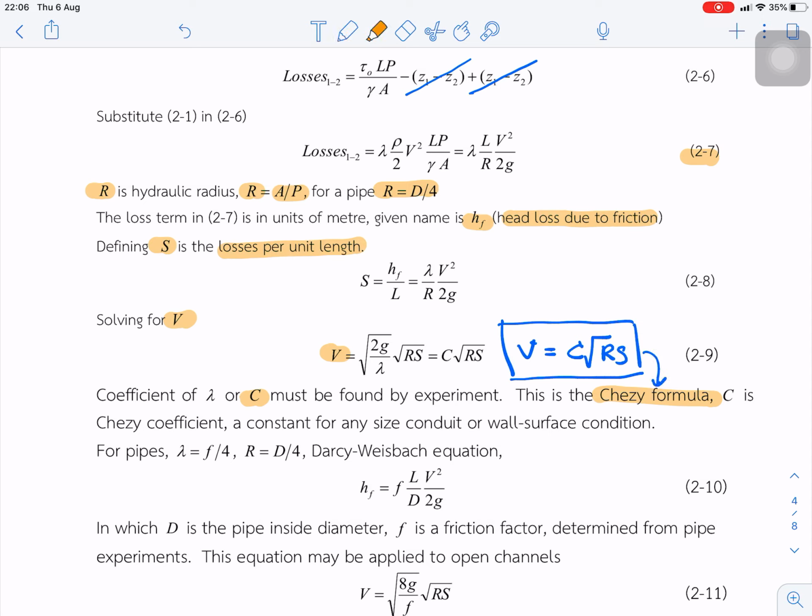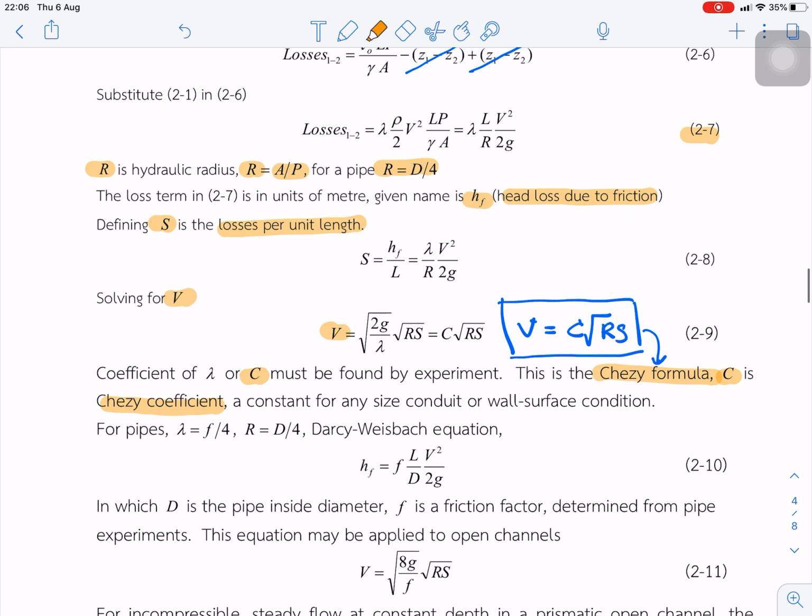C is the Chezy coefficient, a constant for any size of the conduit or wall surface condition.